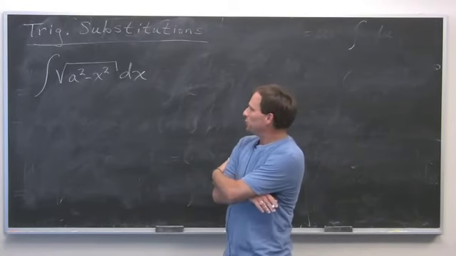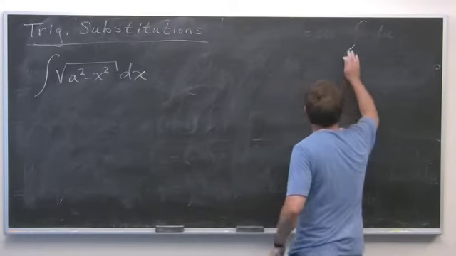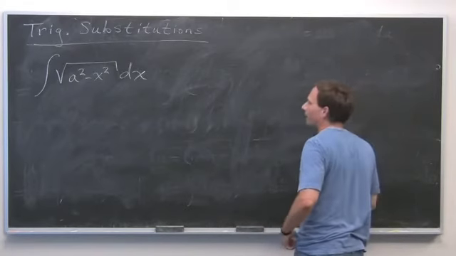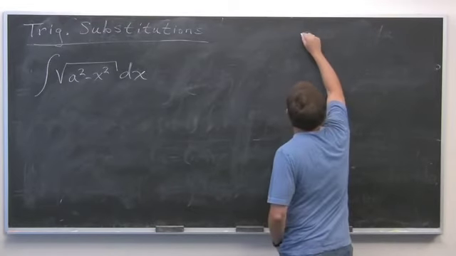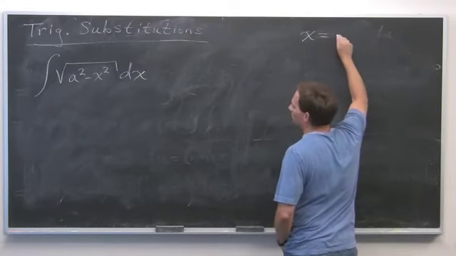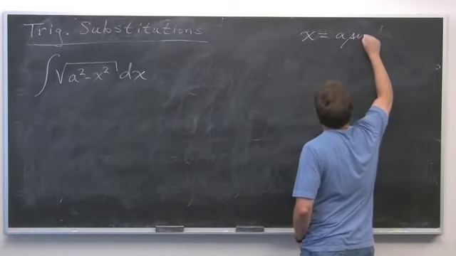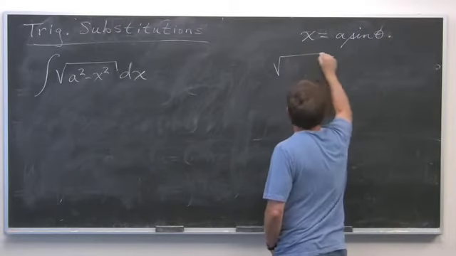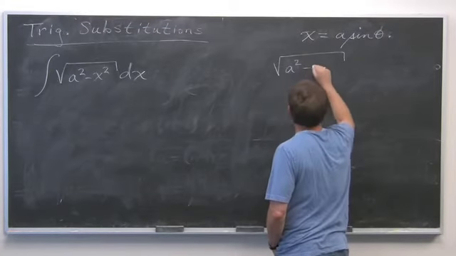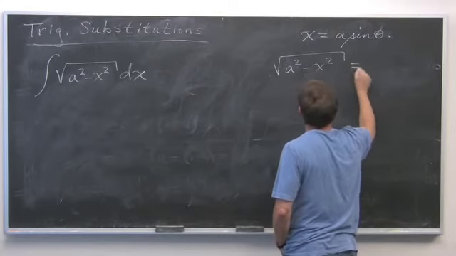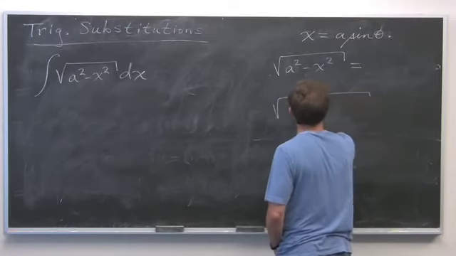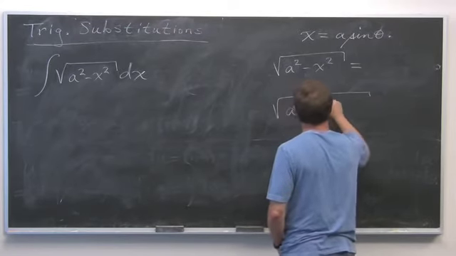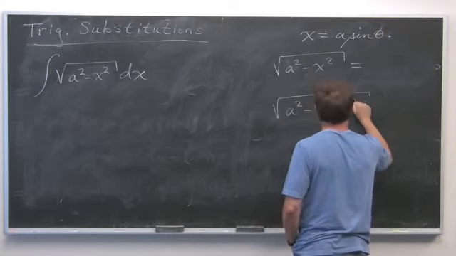So what do you do? And what you think, or hopefully what you'll think after this anyway, is that, oh, if only I let x be a sine theta, then things would get better, because then the square root of a squared minus x squared would equal the square root of a squared minus a squared sine squared theta.